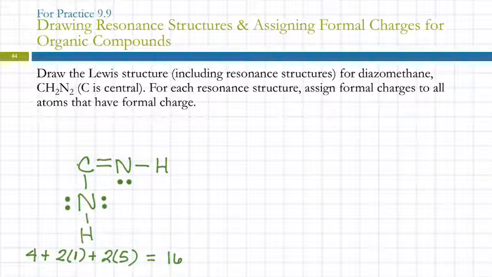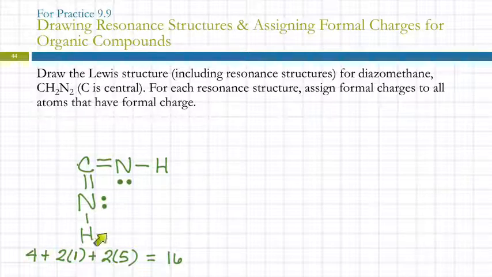It's all crooked and bent up, but that's okay. So now this nitrogen can share another pair with the carbon, and now we've got octets for everybody. And we say, well, is carbon central? Now carbon's in the middle, we just interpreted it wrong.